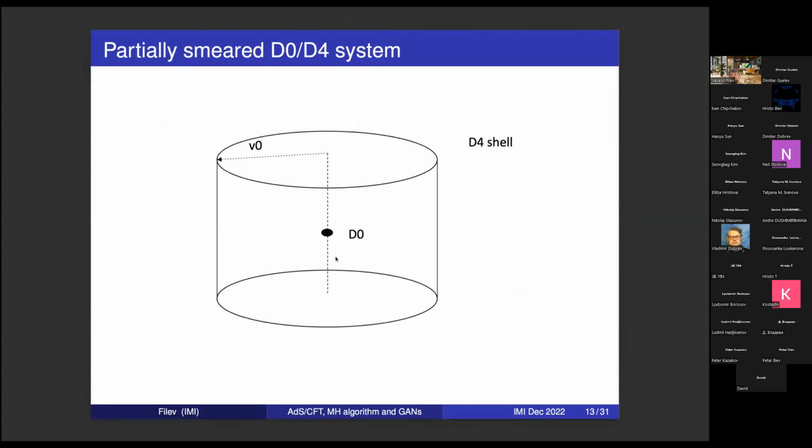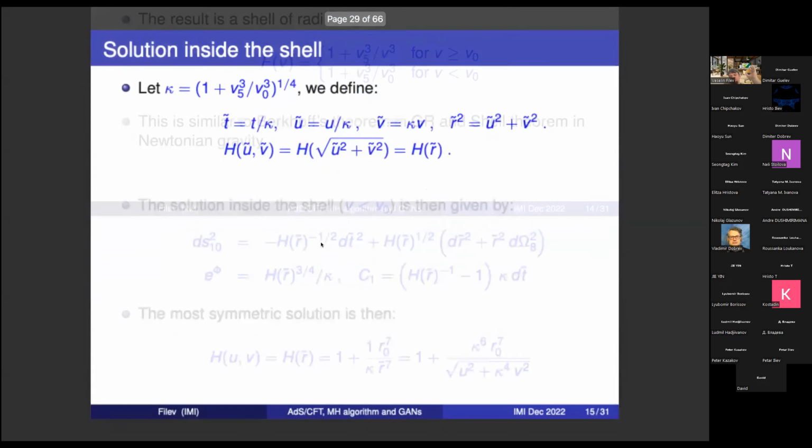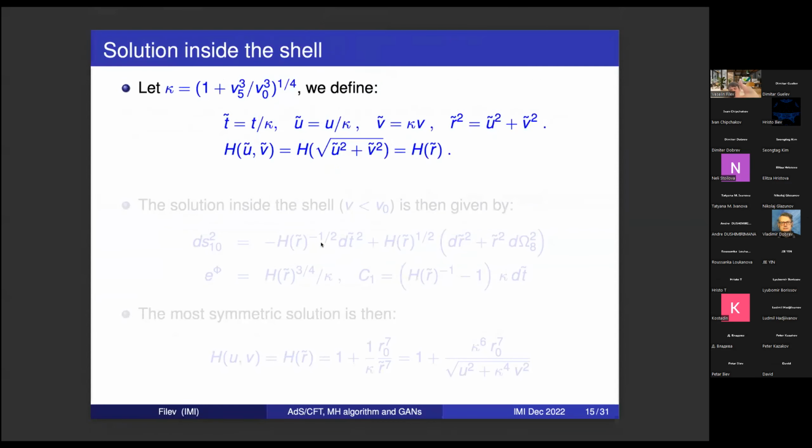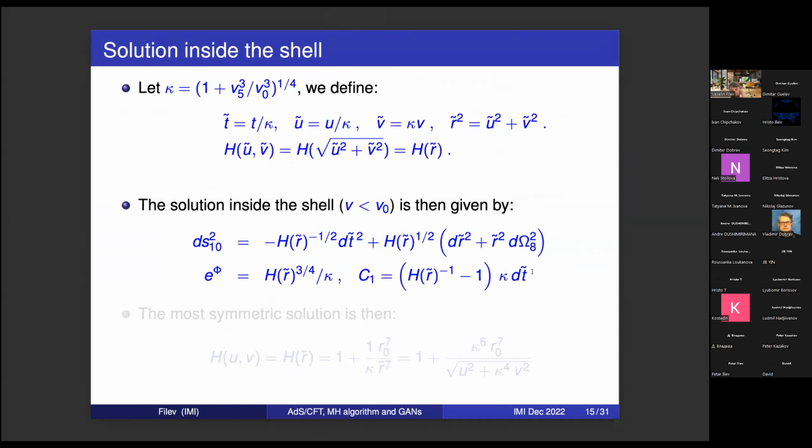And inside the shell, however, inside the cylinder, you don't see the D4 branes. So it seems that it was just your coordinates that broke the symmetry, and you restore this by using another set of coordinates, and you can write this to look like a spherically symmetric one.